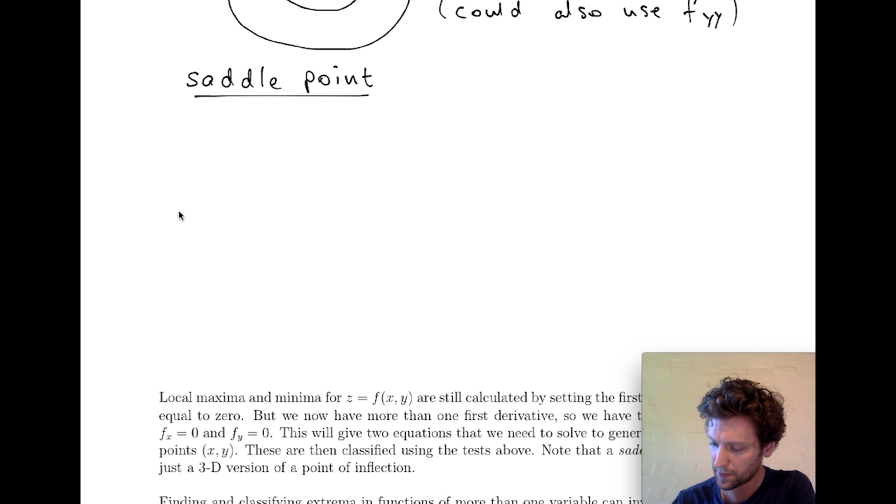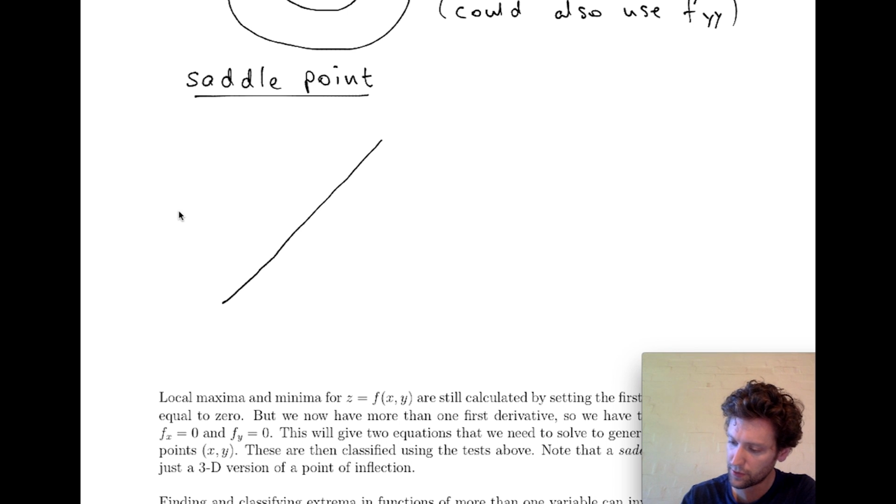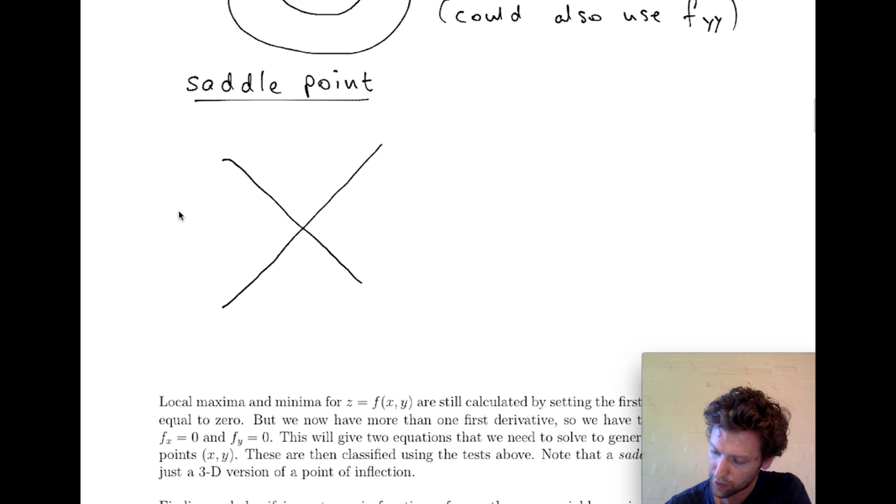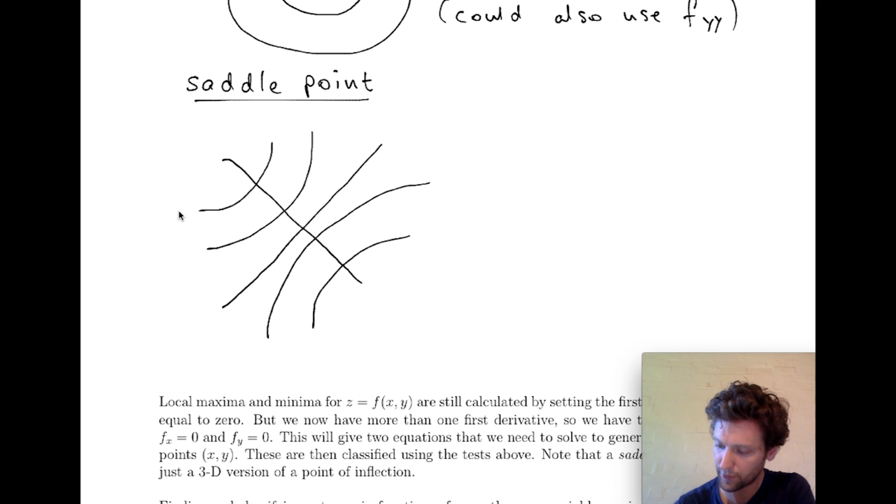And instead, I've got in one direction a maximum, and in the other direction a minimum. So what would that look like if I was looking at a topographic map, a geographical map showing lines of constant height? Well, it would show that I have open contours. Like that. So you could imagine that this point here is high up.